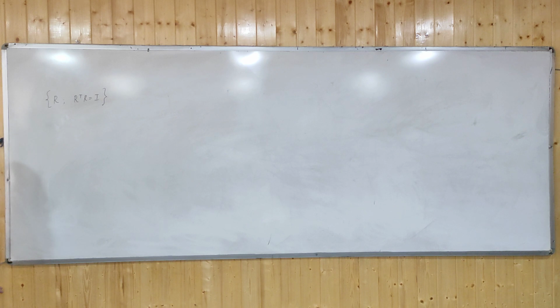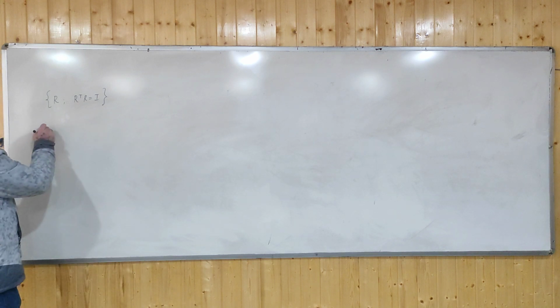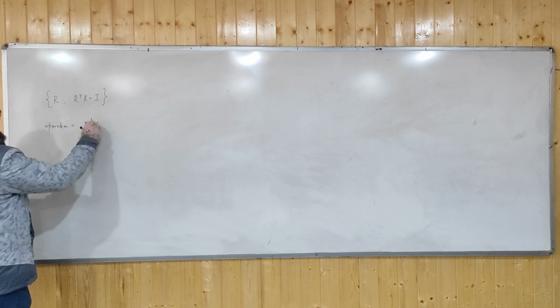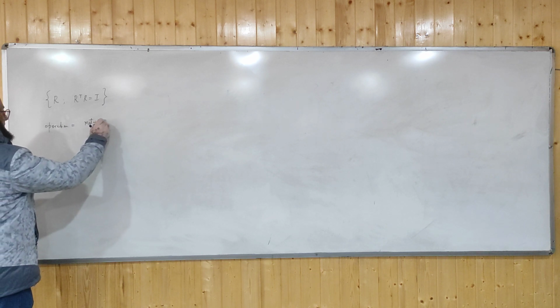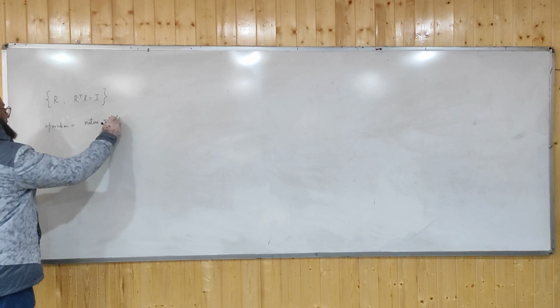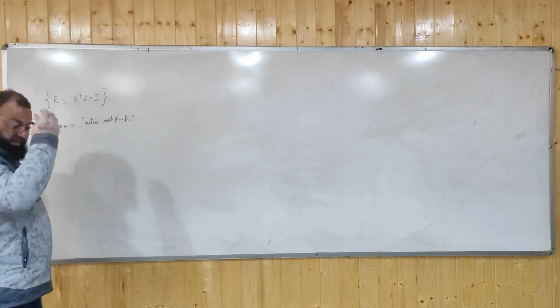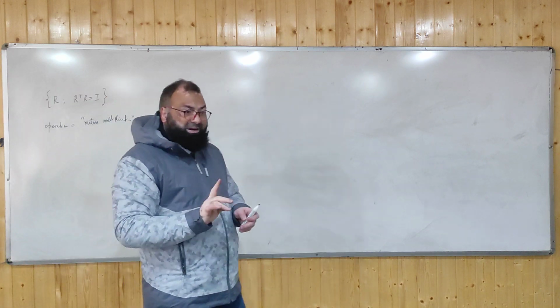So let's take the operation here, the multiplication of matrices, because R is a matrix. Our operation here is matrix multiplication. It's not simple multiplication. That means if you take any two elements from this group, they satisfy matrix multiplication.